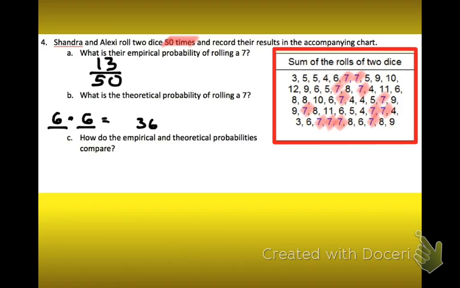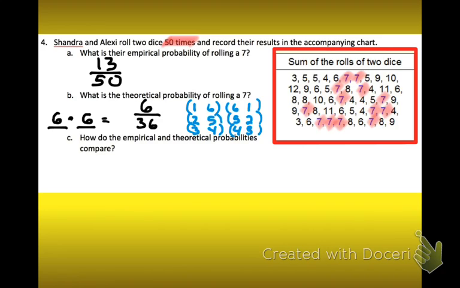Now, you need to figure out the ways that you can get 7. So you can get a 1 and a 6, you can get a 2 and a 5, you can get a 3 and a 4, you can get a 6 and a 1, you can get a 5 and a 2, and you can get a 4 and a 3. So there are 1, 2, 3, 4, 5, 6 ways that you can get a 7. So 6 out of 36.